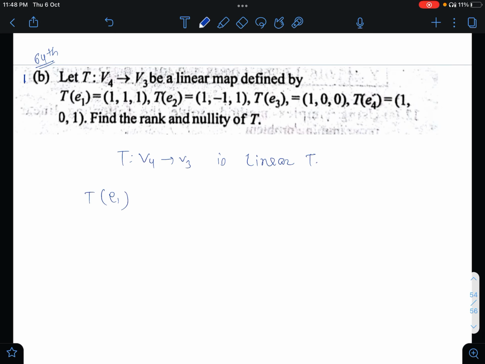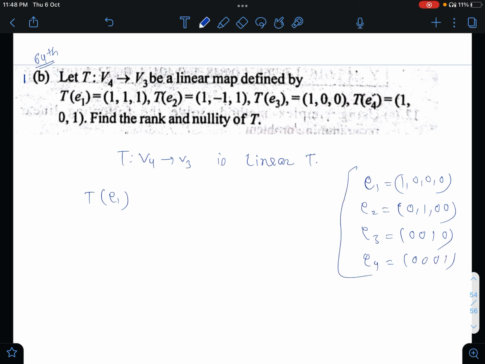It gives T of E1, where E1 in V4 is 1, 0, 0, 0; E2 is 0, 1, 0, 0; E3 is 0, 0, 1, 0; and E4 is 0, 0, 0, 1. These form the basis of V4. It doesn't matter what E1, E2, E3, E4 are; without knowing that we can solve the question.